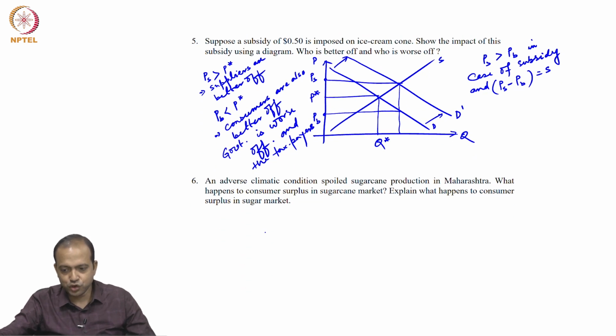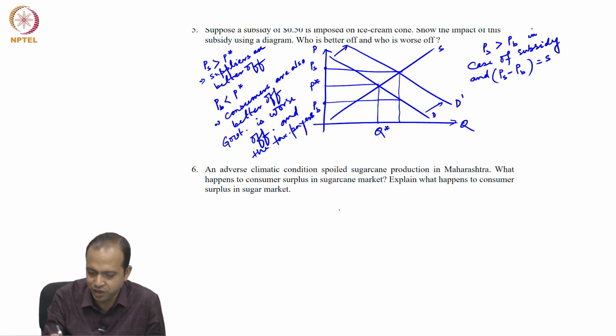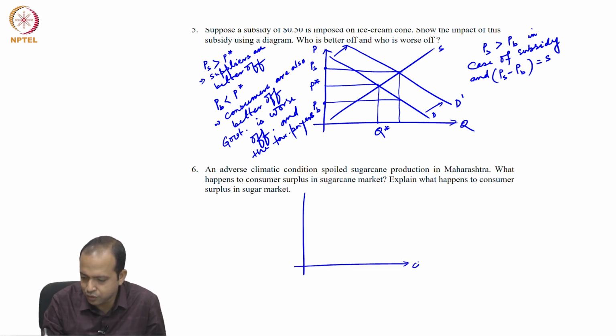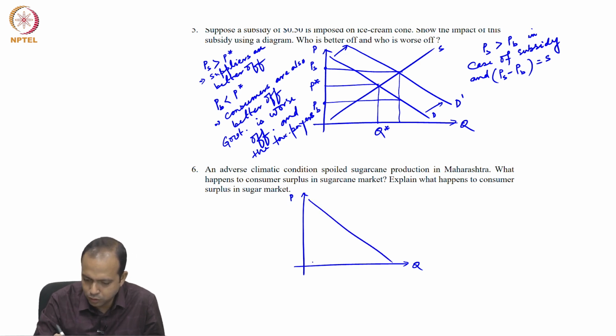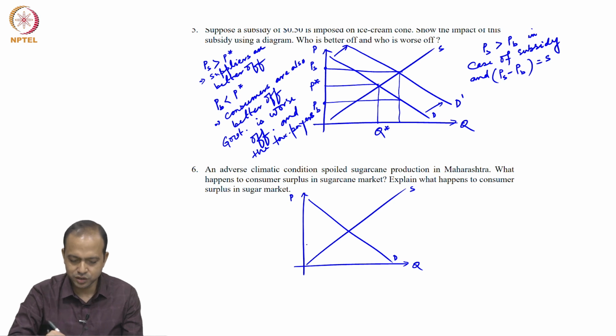Then the last question of today's discussion: an adverse climatic condition spoiled sugarcane production in Maharashtra, let us say. What happens to consumer surplus in the sugarcane market? Let us say this is the market for sugarcane, with supply and demand.